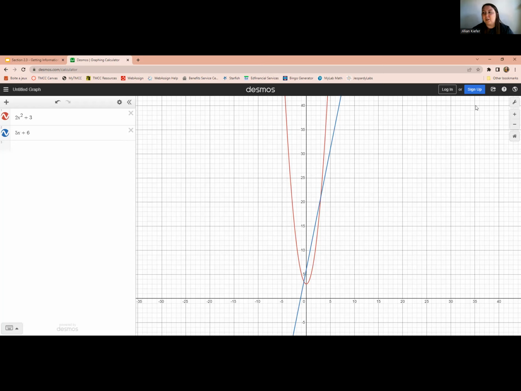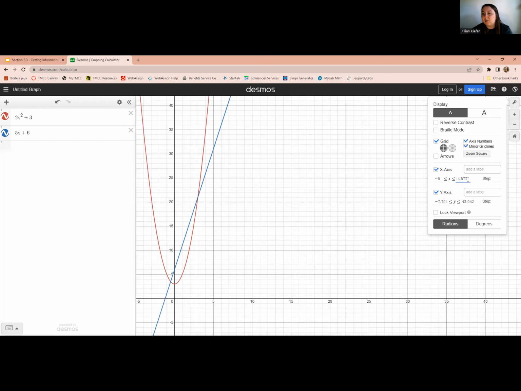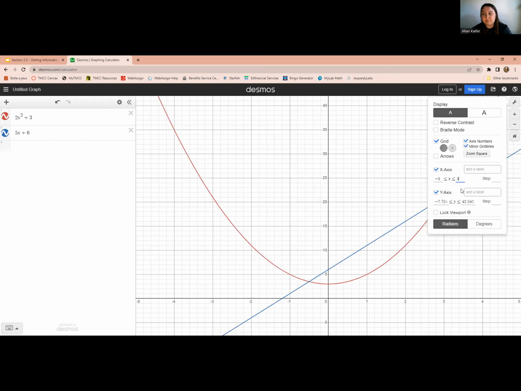So here's one way you can adjust your view. If you click on the graph settings with the little wrench, you can change your axes however you want. So let's go ahead. I'm going to pick for my x-axis -5 to 5. I'm thinking, okay, this is going to give me a good look. All right, this is crazy.